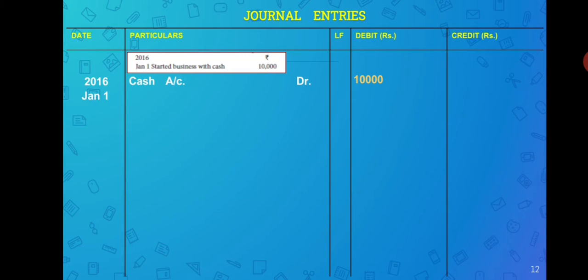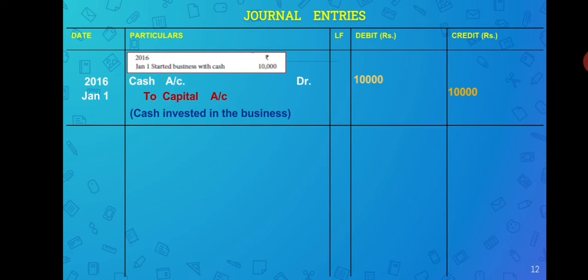Capital account is a personal account. Here the person whoever is giving capital is a giver. So credit the giver. So to capital account, write the amount in the credit column. Write the narration, cash invested in the business.